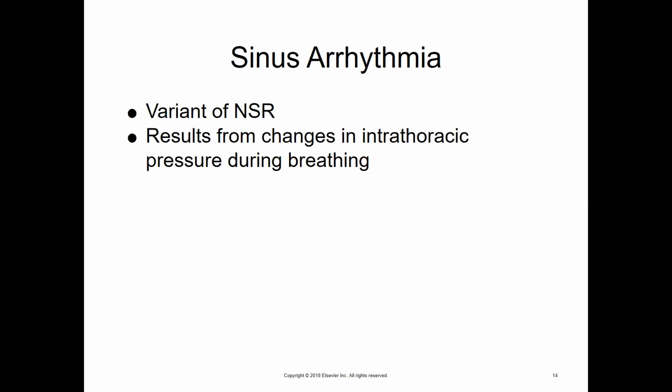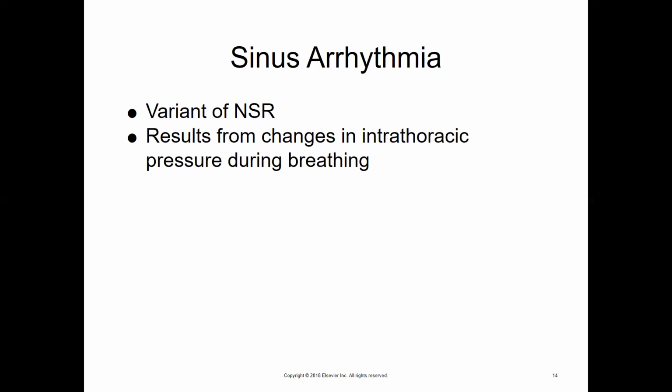Okay, so let's talk about a sinus arrhythmia. This is a variant of a normal sinus rhythm. In this term, usually when you have A in a word like arrhythmia, you would think it means an absence of rhythm, but that's not what it means. It just means it's an abnormal rhythm. Sinus arrhythmias are seen a lot in healthy adults. A lot of adults don't even know they have them.